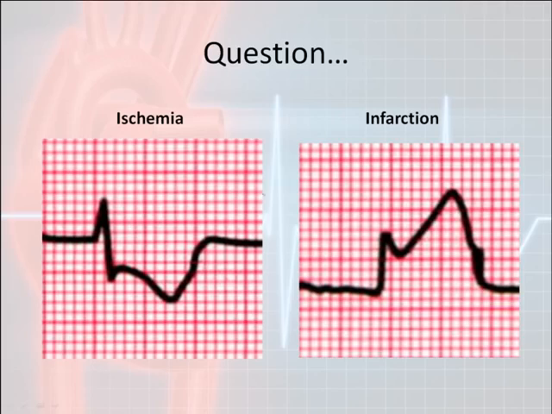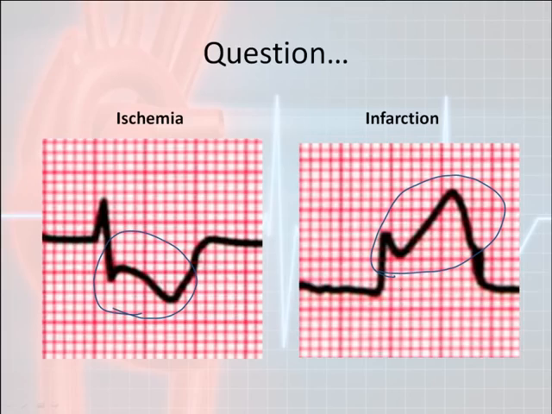First of all, I have a question. In many of the classes that I teach this information, the first thing I like to ask my students is, how many of you have heard in the past that ST segment depression over here is ischemia and ST segment elevation is infarction?